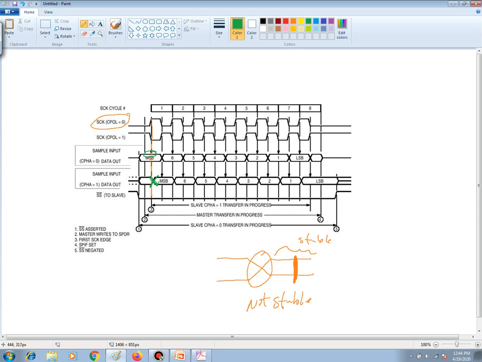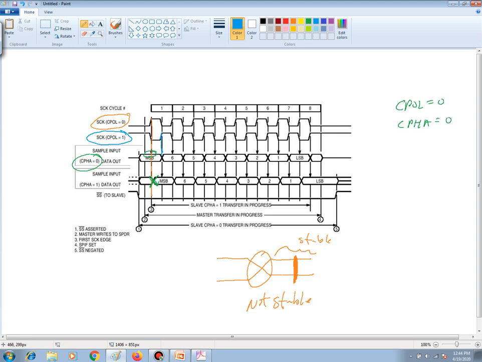So therefore, if we were to set your CPOL equal to 0, then your CPHA would also have to be set to 0, because this is when the data is stable. Now, if we had picked CPOL equal to 1, let me use a different color here, then the rising edge would be occurring right here.